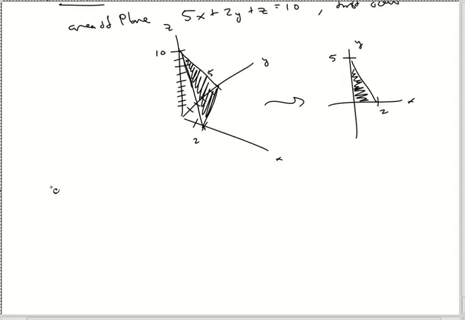So here's your formula for the surface area, okay? So surface area of any kind of surface like that is the double integral of the magnitude of R sub u cross R sub v, dA. I'm going to do doubles. Those singles are still fine.